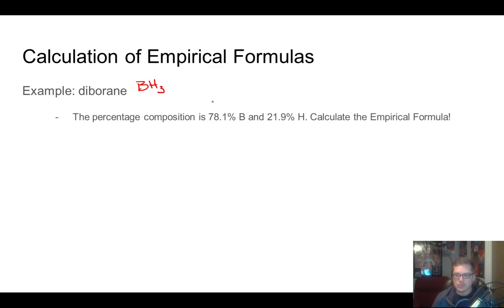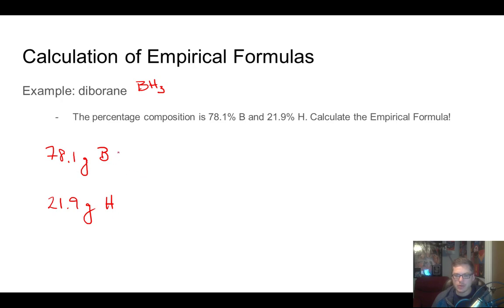If we assume that we have 100 grams of substance, then we have 78.1 grams of boron and 21.9 grams of hydrogen. So that first step, percent to mass, is really easy. You just rewrite your percentages, and instead of writing percent, you write grams. So 78.1 grams of boron and 21.9 grams of hydrogen. Easy peasy.